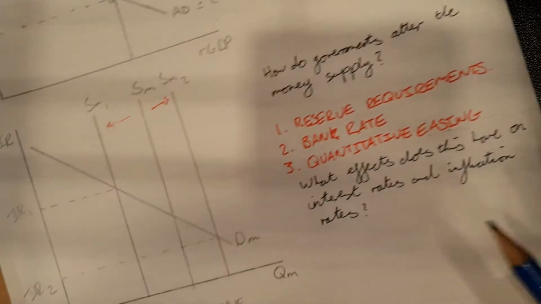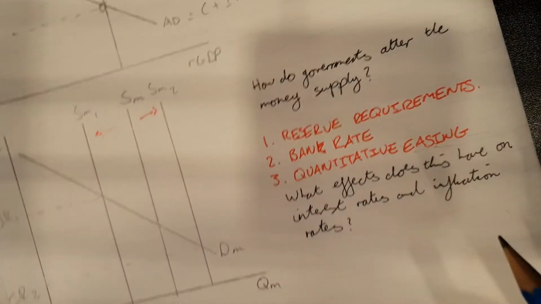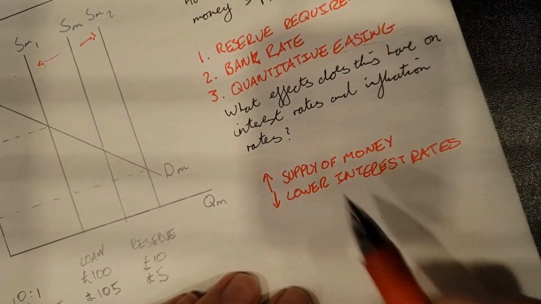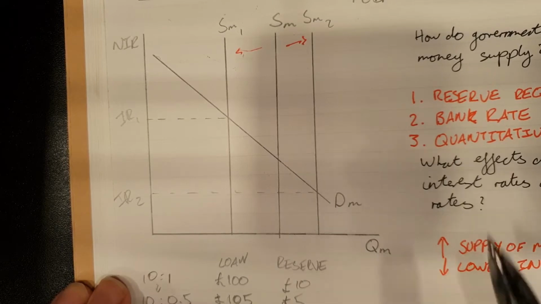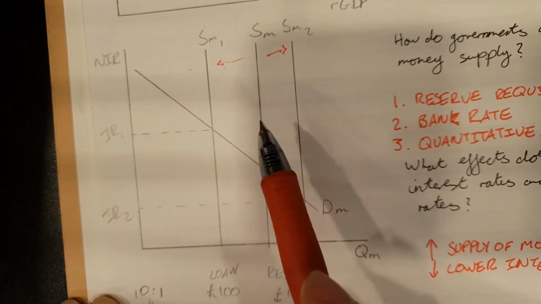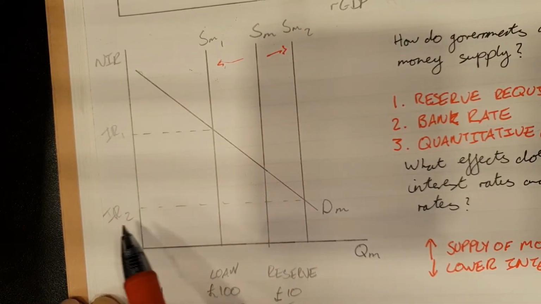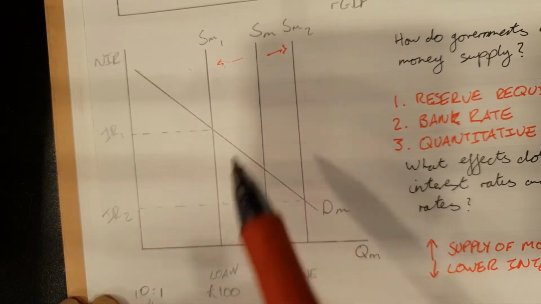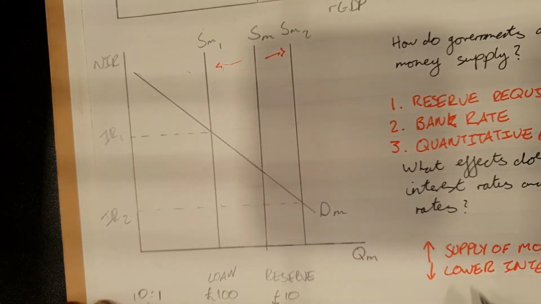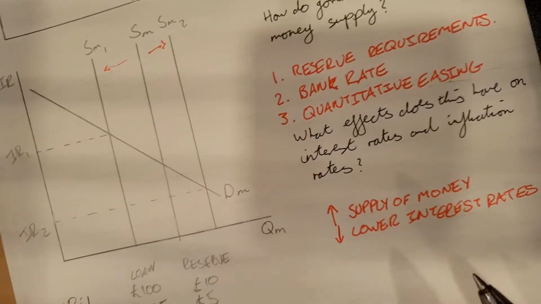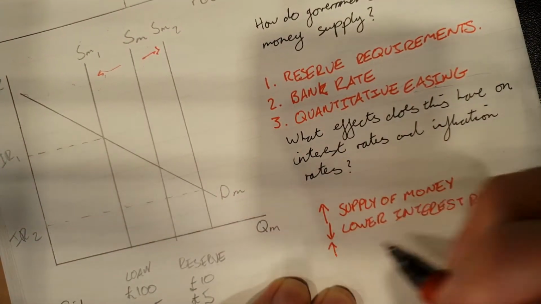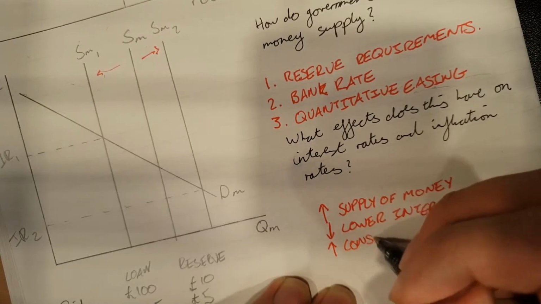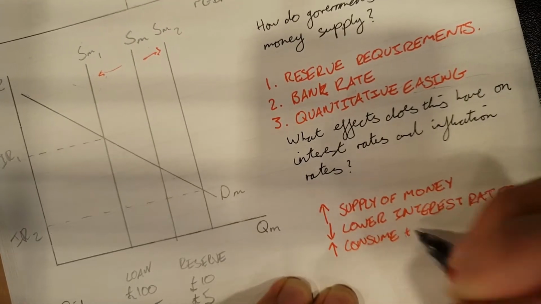Let's consider the bigger effects that this has on interest rates and inflation rates. So let's say you increase the supply of money. Let's check back with our diagram. If you increase the supply of money, then naturally you're going to have lower interest rates according to the market mechanism in the money market. Lower interest rates encourage people to take out loans. So that means that people are more likely to consume and invest.